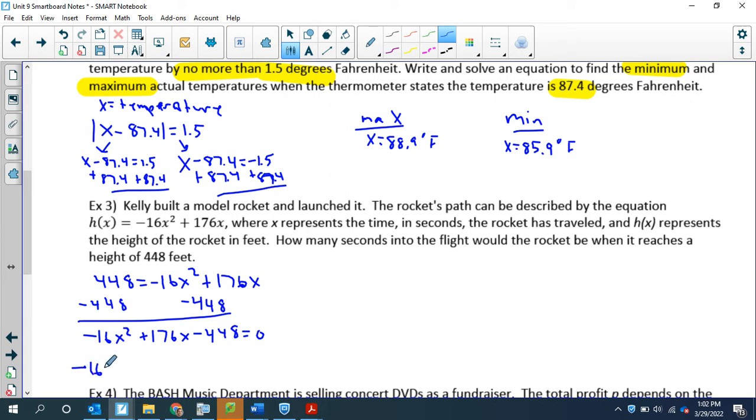So I'm going to put a negative 16 in front of one set of parentheses. And then divide everything here, all my original terms, by negative 16.